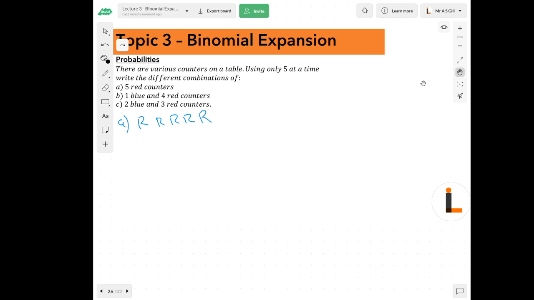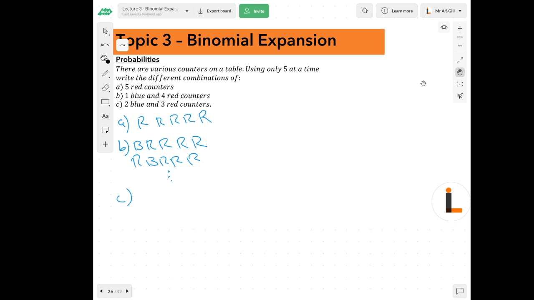There's only one possible combination. For part B though, there'll be slightly more. You could have blue at the start and then reds, or blue in the second position with reds around it, and so on. And then C would get even more complicated.